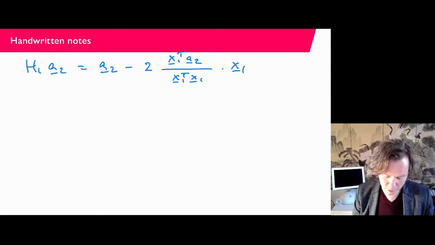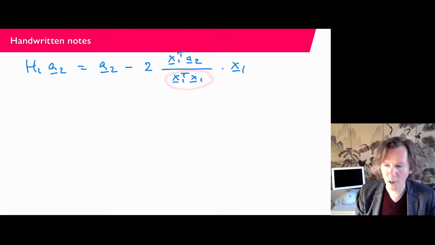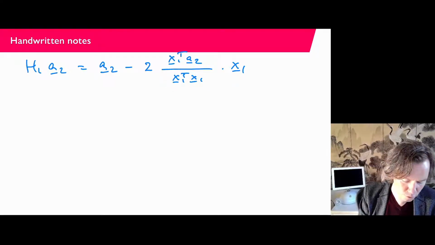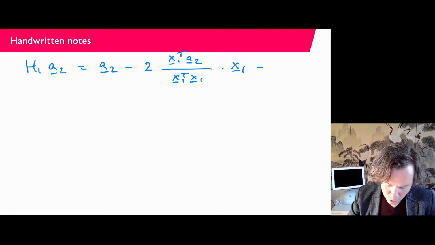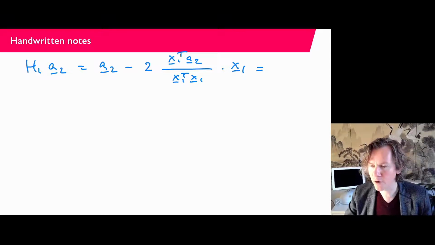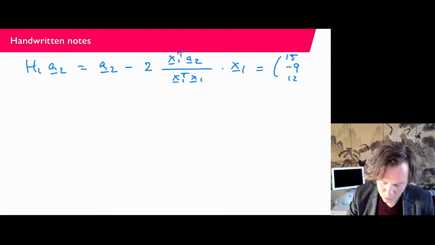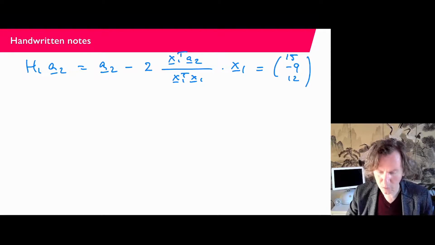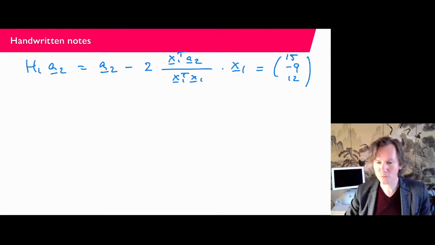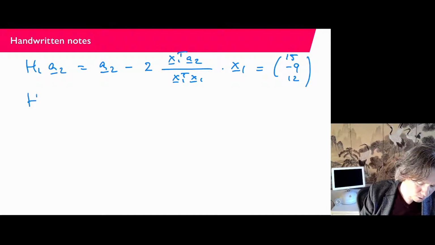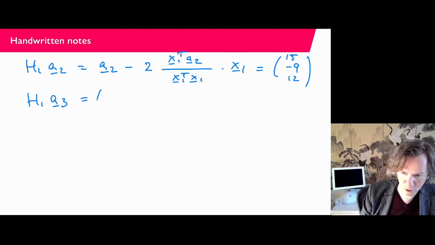You can do that by hand. This one we already computed here. If you compute this number, I did it on a bit of scratch paper, so I'm immediately going to write this down. The vector that you would get is 15, minus 9 and 12. I trust you can do that. If you have troubles, let me know. And similarly, H1 a3 is going to hopefully result in minus 4, 3, minus 1.